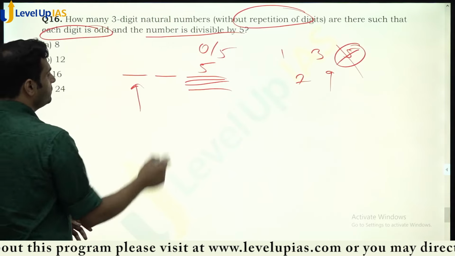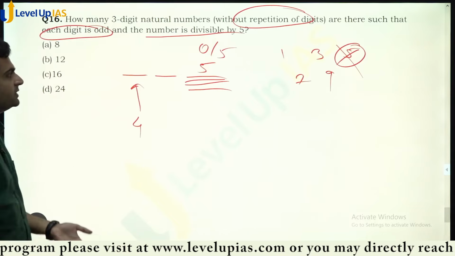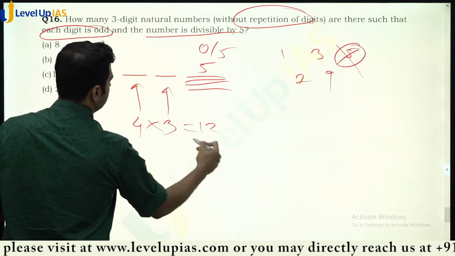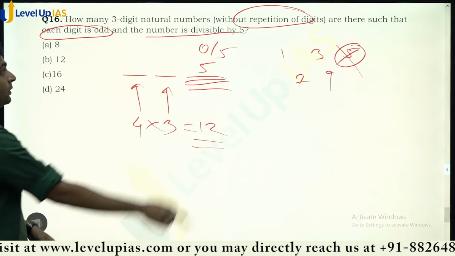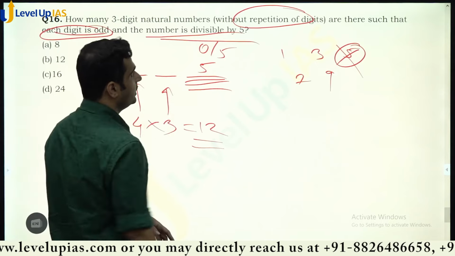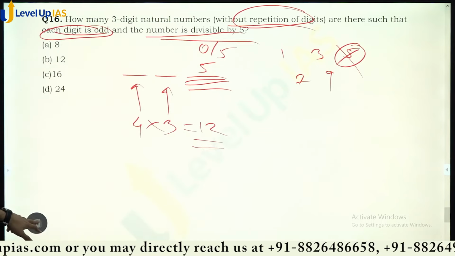So now at this place you have 4 choices, and because we cannot repeat the digits, there are only 3 choices for this. Over. But there are multiple concepts involved. You need to know the divisibility test of 5, you need to know odd digits, and you need to take care of without repetition.